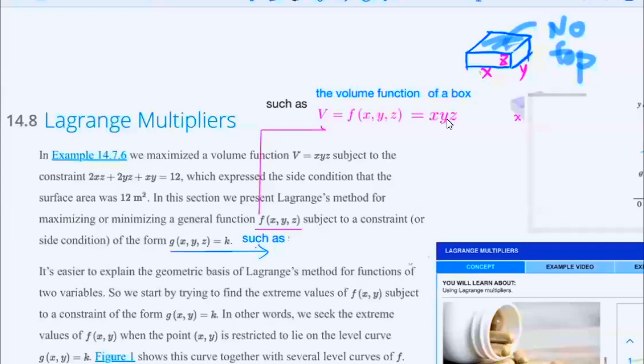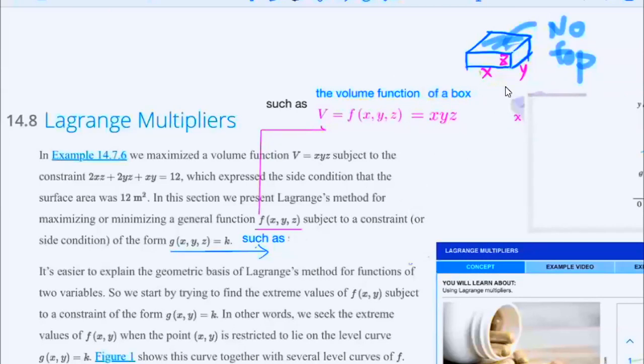We take partial derivatives and set them equal to 0 to find critical points. And then we can use what kind of test to find the maximum? Yes, the D test, the second derivative test, to find the maximum or minimum. So that's what we did last time.